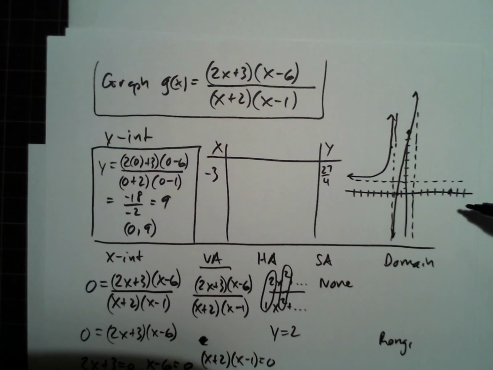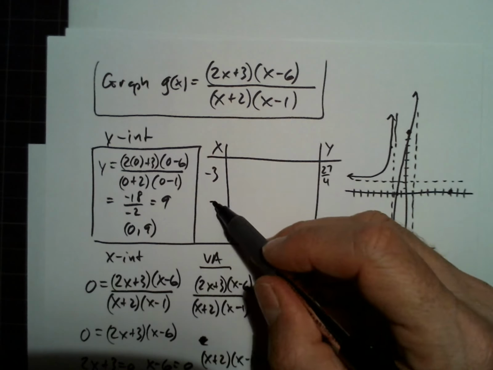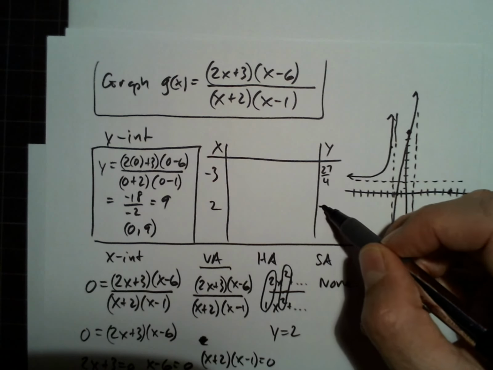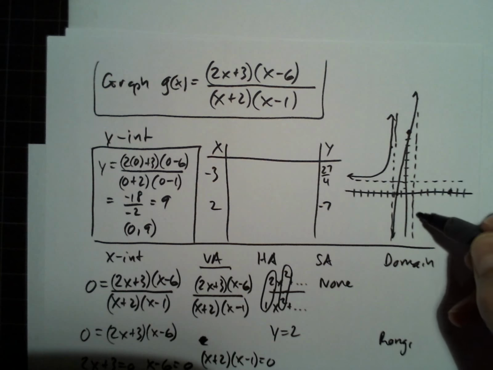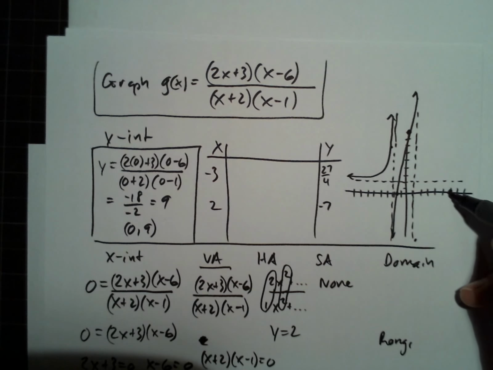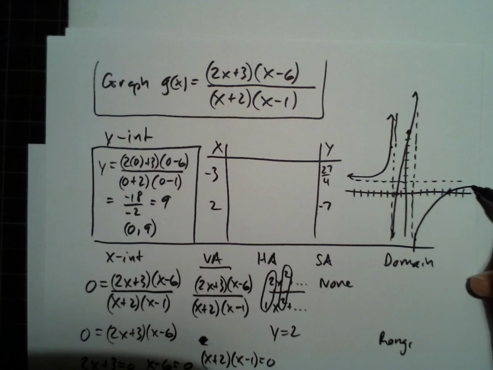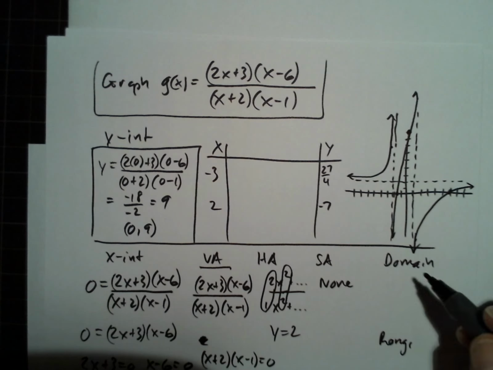following the asymptotes. And we also have an asymptote over here. And I checked also at 2 to see what's happening. At 2, we go to -7. So then we have a point down there, we have a point right there, and we can see that that's happening.